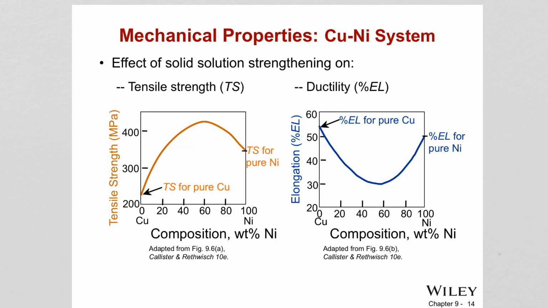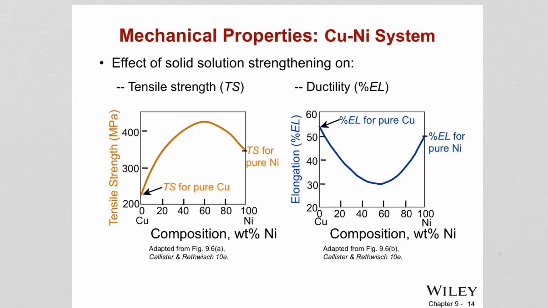Here, as we have seen in the strengthening of materials, if we look at the copper-nickel system, you can see the effect of solid solution hardening on the tensile strength and ductility.